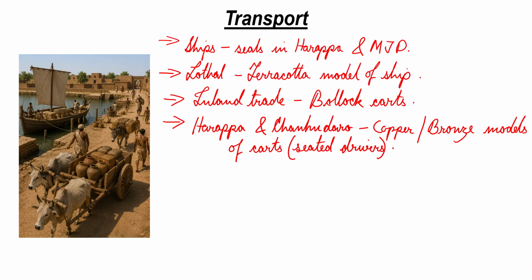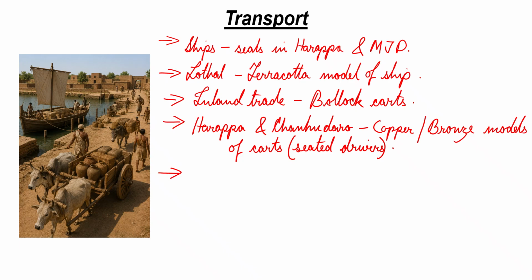Until the excavation done till today, we don't get any evidence of ships or bullock carts in their entirety, but we can know them from the different inscriptions, paintings, and seals where those modes of transport are drawn.